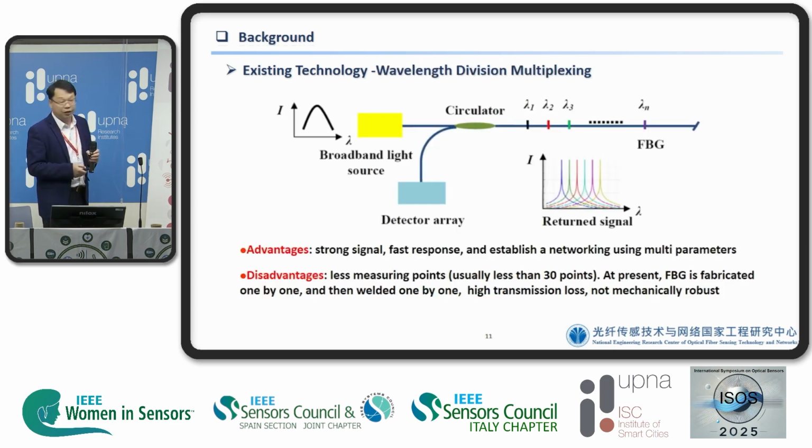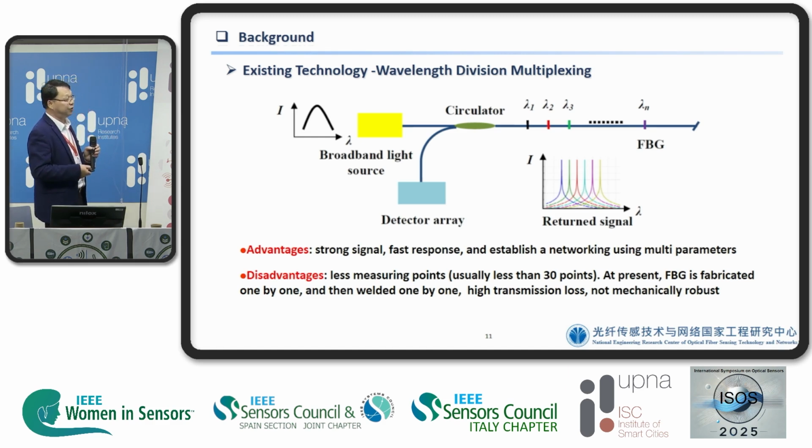Another technology that is well accepted is based on so-called wavelength division multiplexing. This is based on FBGs with different wavelengths, and you can find the difference from the wavelength shift, and then you can get the signals. The advantage is that it has a very strong signal and fast response. You can get a very precise measurement.